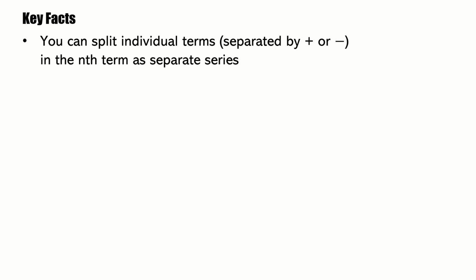And then there's another key skill we can use, which is that if you see plus or minus symbols in between the terms of our nth term for the series, you can use them to split up the series into bite-sized chunks that are then easier to substitute stuff in for and calculate.